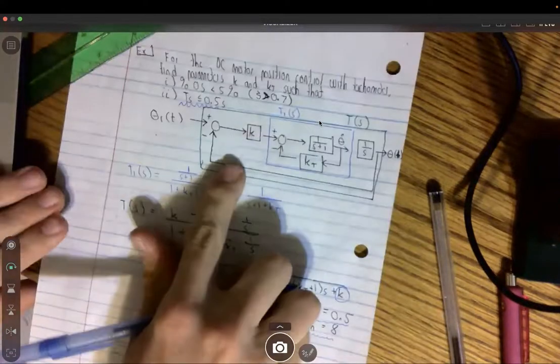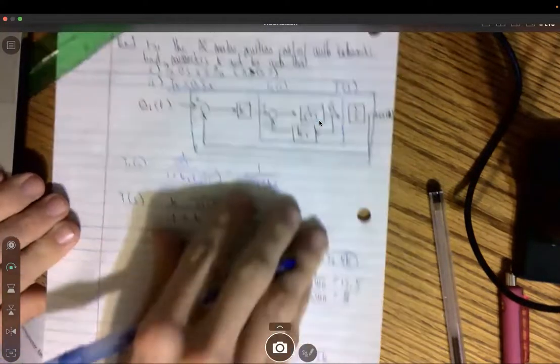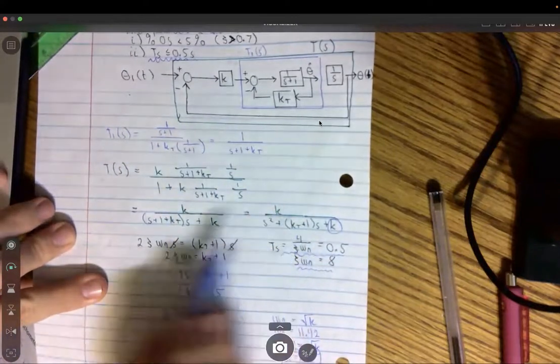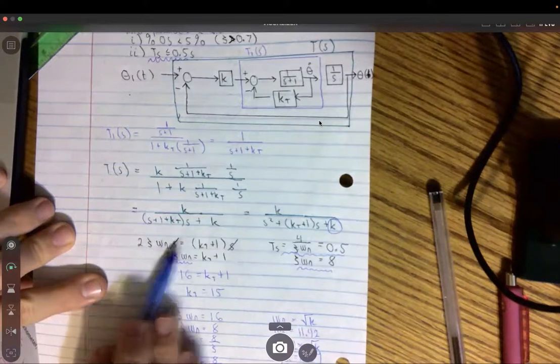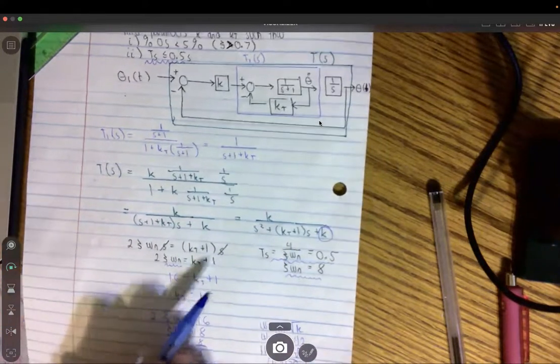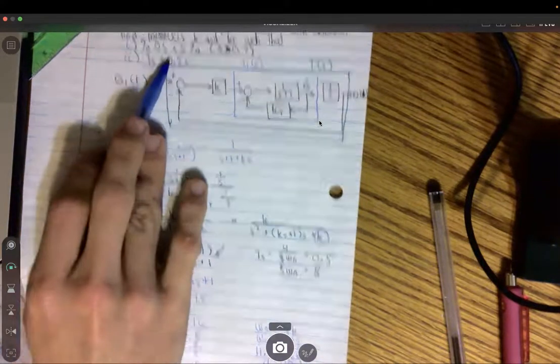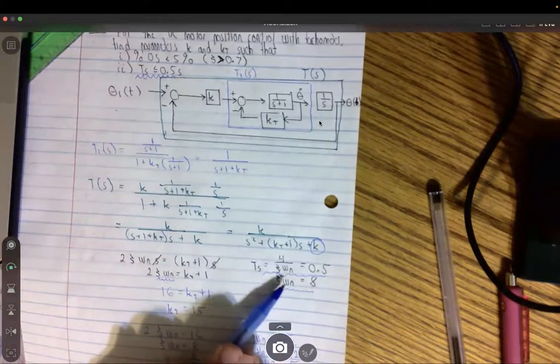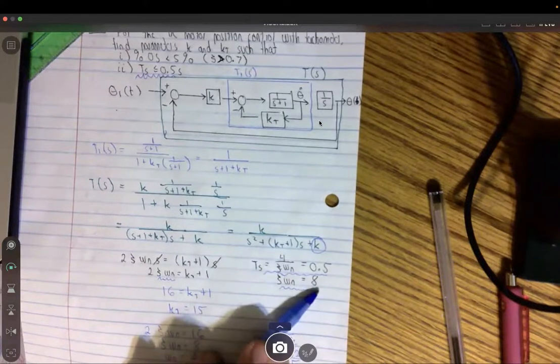So the first step we had here was we found the transfer function of the entire system. After finding the transfer function, we had our 2 zeta omega n s. We set it equal to this. From the settling time, we set it equal to 0.5 here. This is the design problem. So we solved for what omega n times zeta had to be equal to, which is 8.